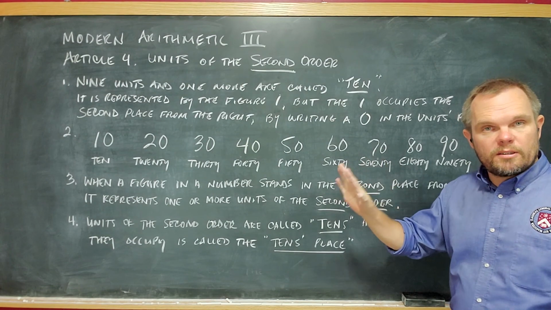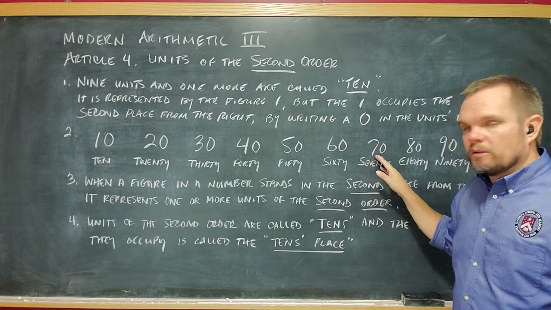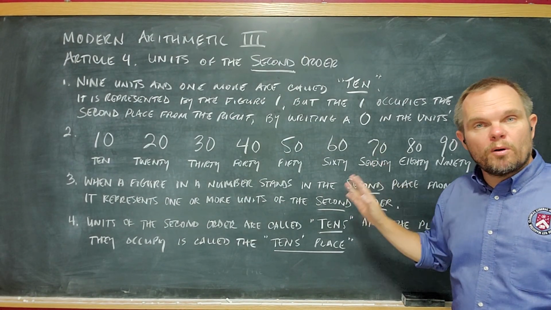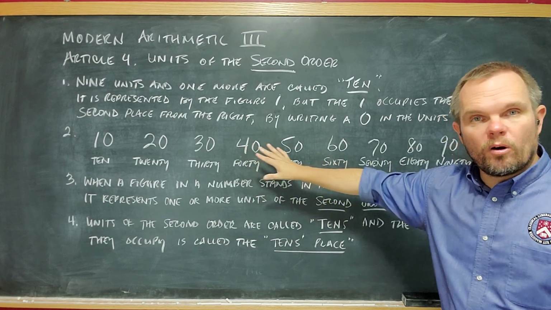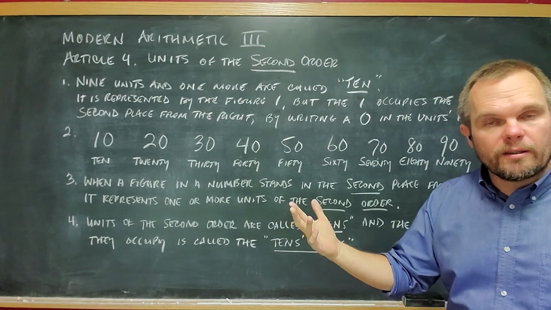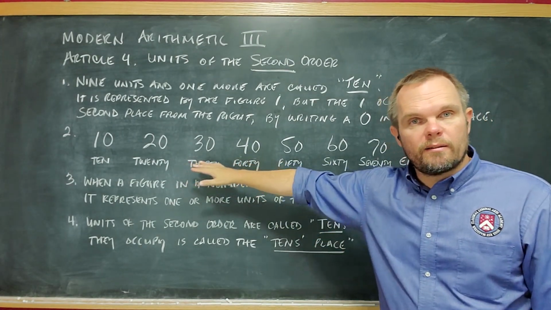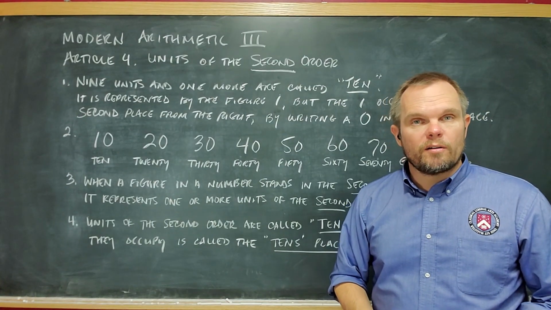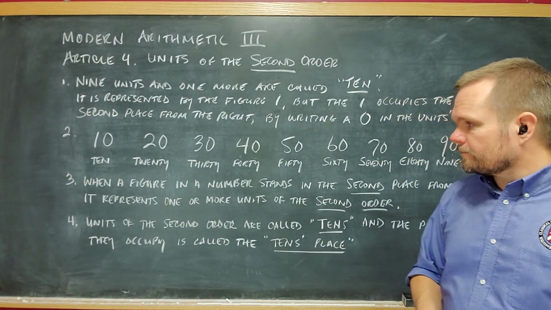Okay? You'll see later in arithmetic that this becomes very, very helpful in solving problems. But most students, even though they all will say that they know this, forget about it and don't use this knowledge later on when it's time to solve problems. Okay?